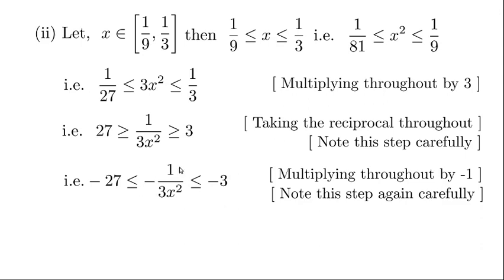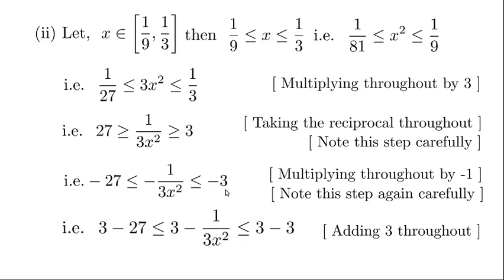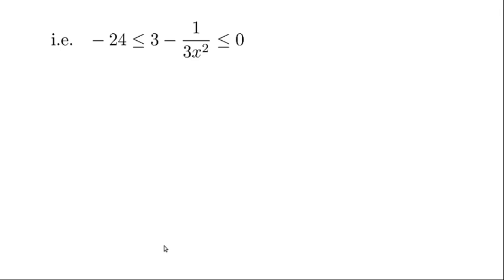And what I want is 3 − 1/(3x²). Again I add 3 throughout. So adding 3 throughout, 3 − 27 ≤ 3 − 1/(3x²) ≤ 3 − 3. So what we get is −24 ≤ 3 − 1/(3x²) ≤ 0. Again note, this is the derivative of f(x). So we get −24 ≤ f'(x) ≤ 0. That means f'(x) is less than or equal to 0.